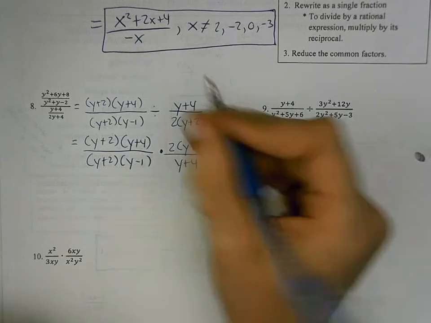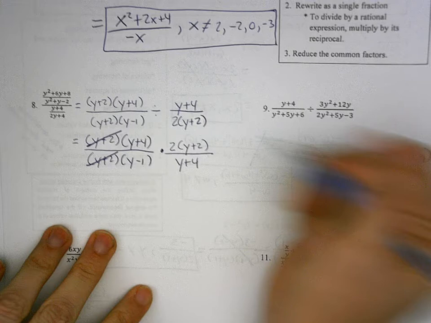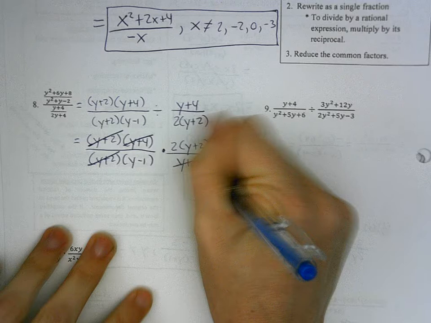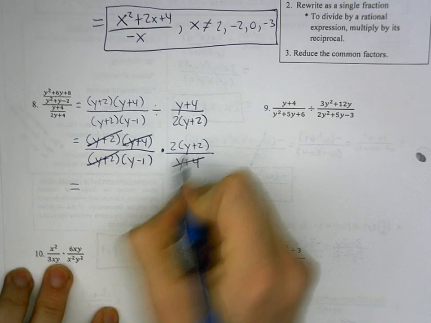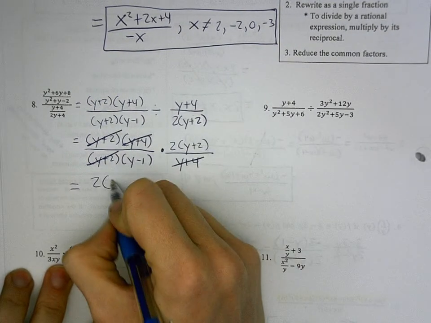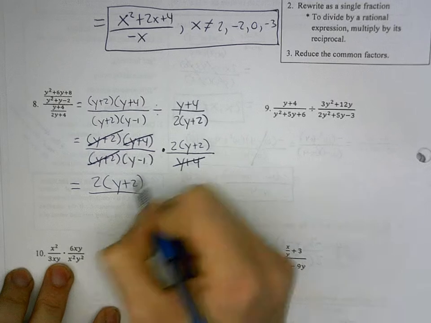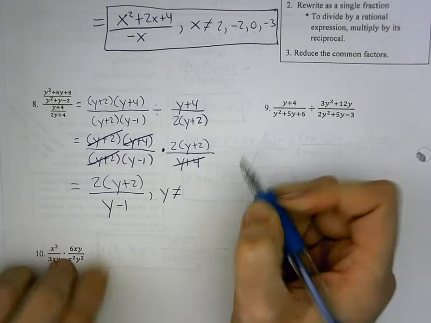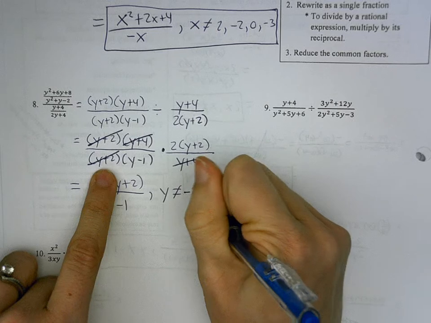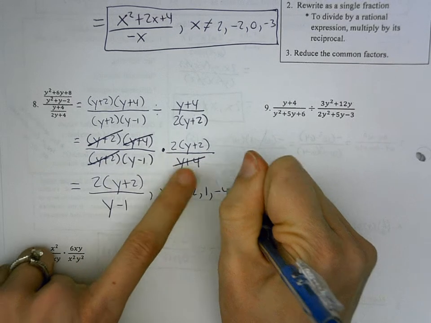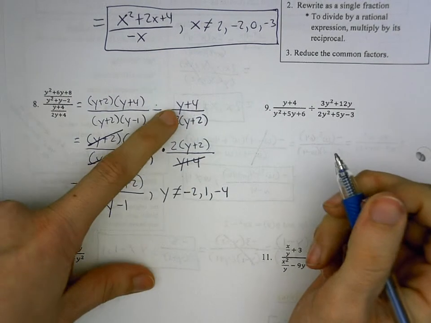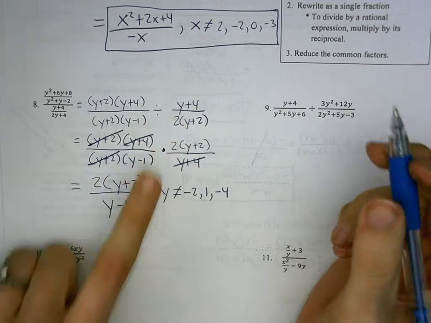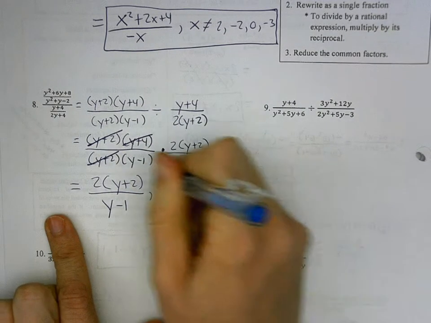Okay, simplifying, the y plus 2's cancel, the y plus 4's cancel, and so I'm left with 2 and y plus 2 over y minus 1 with excluded values of -2, 1, -4, and then originally -2, but I already had that, so I'm good to go.